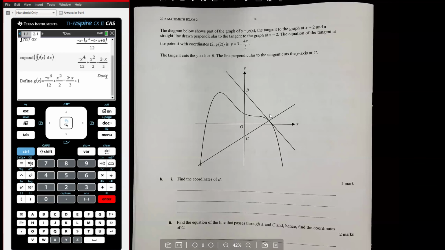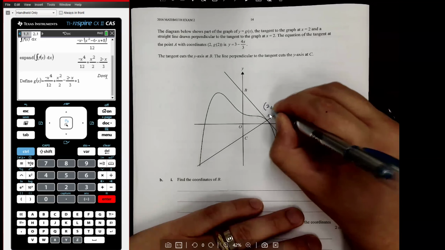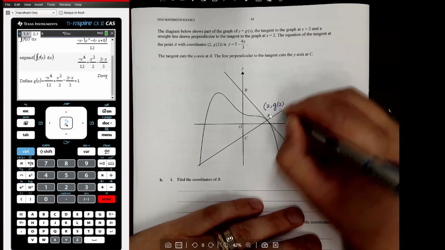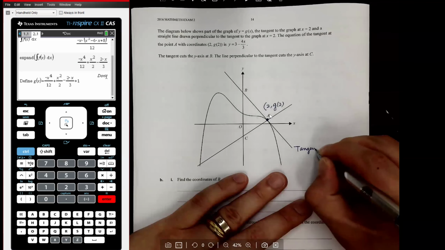So probably you can annotate your graph in certain ways, okay? Well, you should do that because that facilitates your problem solving. For example, I would say here that is (2, g of 2) for this location. This is the tangent line.